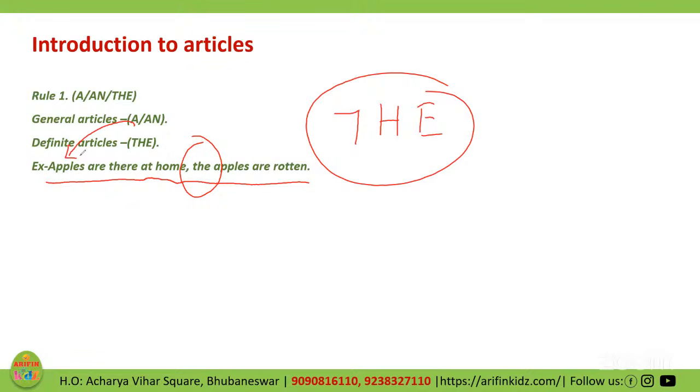Apples are there at home. The apples are rotten. So it is specifying the apples which are there at home. Getting my point? The only rule of a definite article is that it has to be defined. It has to be introduced. Unless the noun is introduced in the line, we cannot say it is defined.